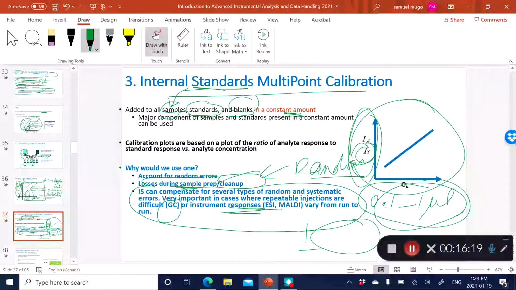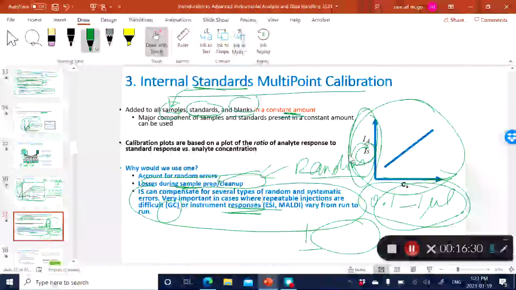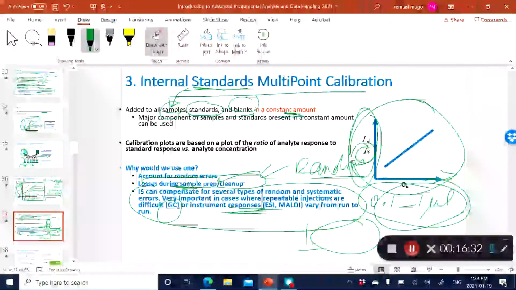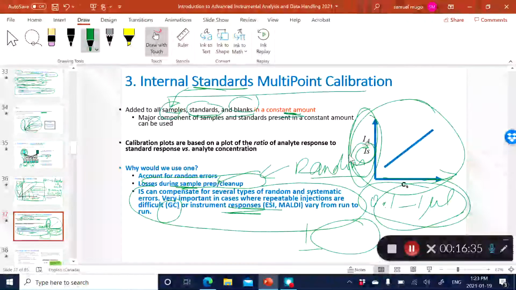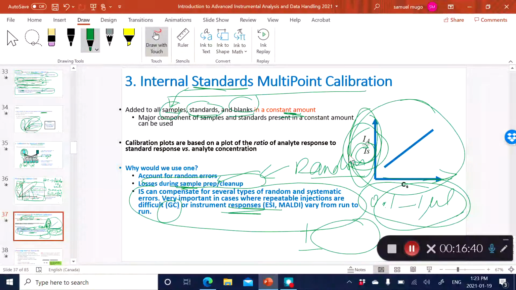And the x-axis is simply the concentration of the standards. Okay. In the next slide, I'm going to differentiate between two things that I know can be confusing: the standards and the internal standard. I'm going to try to differentiate the two so that it's fairly clear. But again, on the y-axis, you take the signal of the standards divided by the internal standard signal.